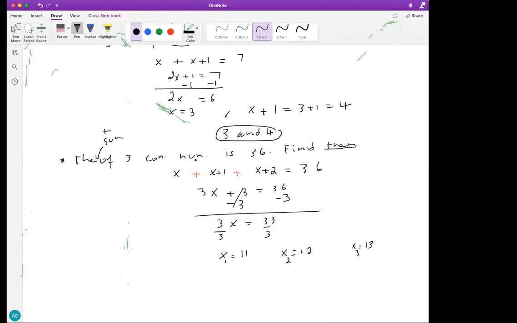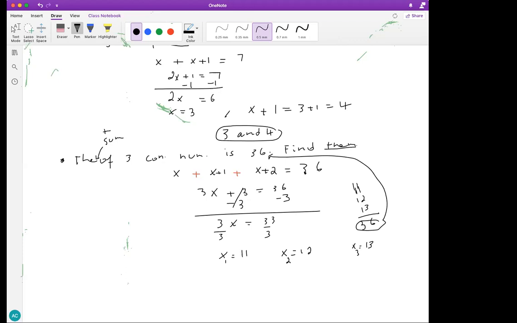According to the problem, these should all add up to 36. So let's add up all these numbers: 11, 12, 13. As you can see, that's 6 and 3, and that's exactly what we wanted.